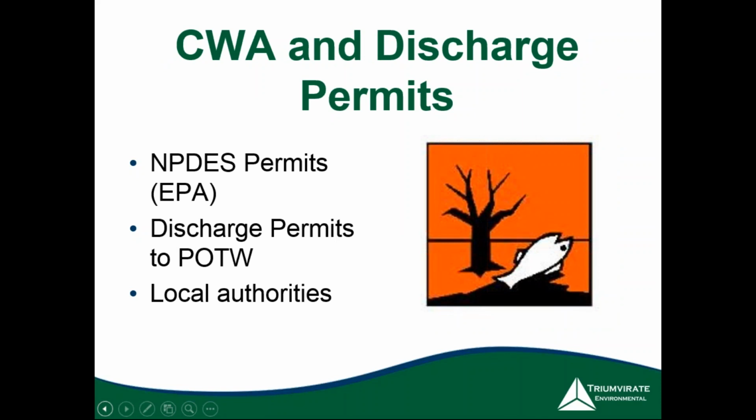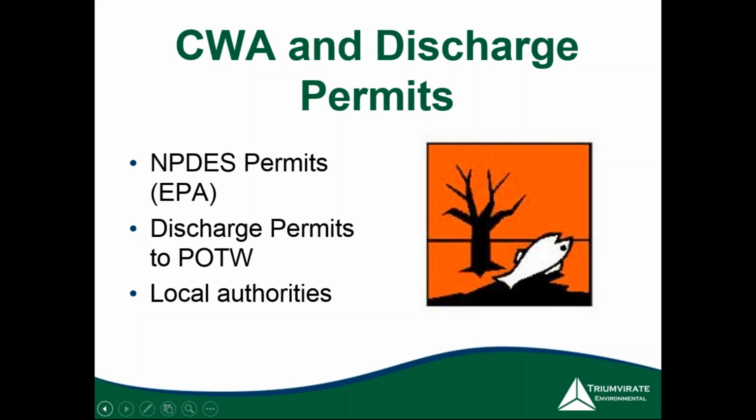So now I want to talk about the Clean Water Act and your discharge permits. You have to apply for a NPDES permit, or a National Pollutant Discharge Elimination System permit, through the EPA. And you also have to apply for discharge permits for your local POTWs, or your publicly owned treatment works, and any other local authorities that are in place.